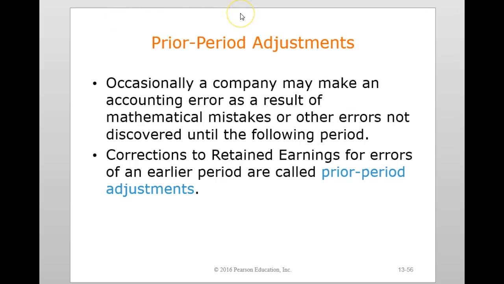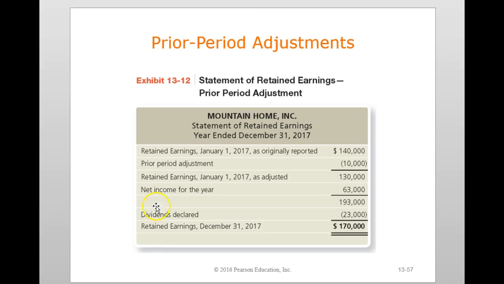You have prior period adjustments, which will show up occasionally. If there's been an accounting error that has to be corrected, it will go directly to retained earnings. And that will kind of look like this on the statement of retained earnings. Here's your beginning. Here's the prior period adjustment. And there's your net income, and then there's the dividends declared.